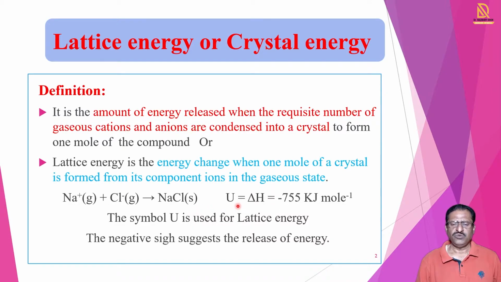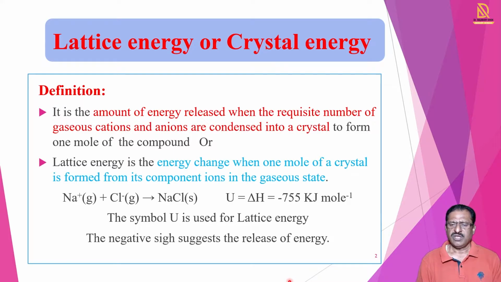and at that time U is equal to delta H, and that is equal to minus 755 kilojoule mole raised to minus 1. Here the symbol U is used for the lattice energy. In this case, when sodium ion in the gaseous state and chlorine ion in the gaseous state combine, they are condensed, and there is formation of NaCl solid or NaCl crystal, and at that time minus 755 kilojoule mole raised to minus 1 energy is released.